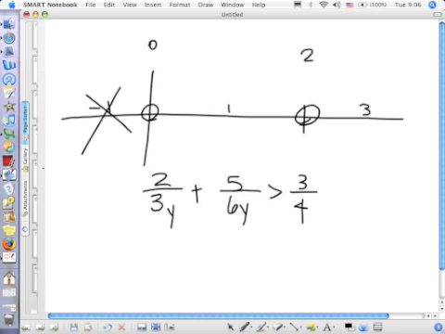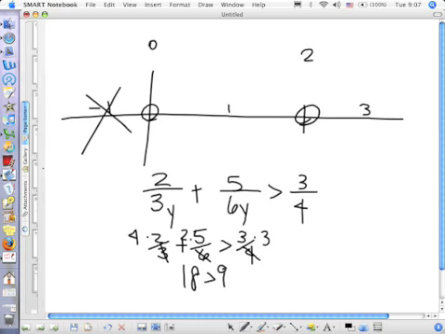If y is 1, that's 2/3 plus 5/6 is greater than 3/4. It is true. Okay, if we take a common denominator and eliminate all the fractions, multiply here by 12, you get 8 plus 10 is greater than 9. And that's true.